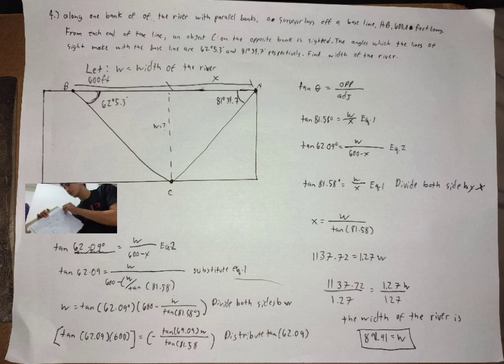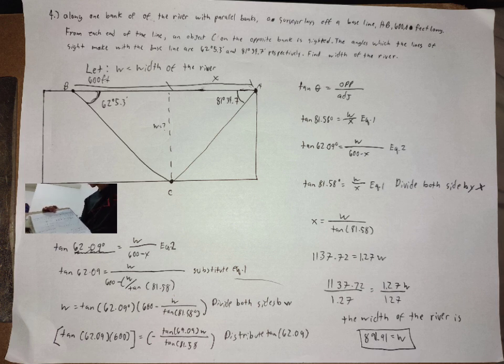So let's move to problem solving number 4. The question here is: along one bank of the river with a parallel bank, a surveyor lays off a baseline AB equal to 600 feet long.